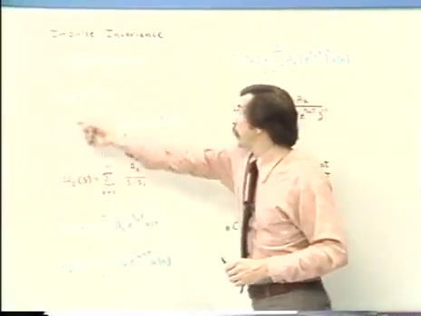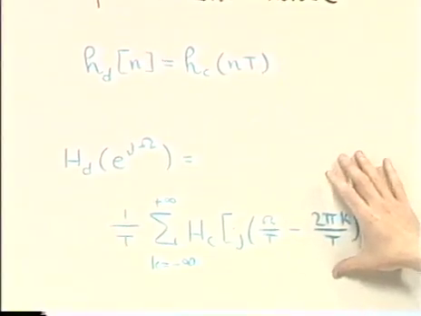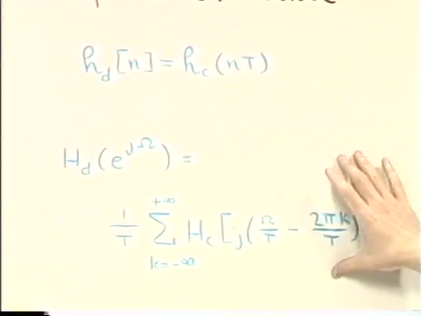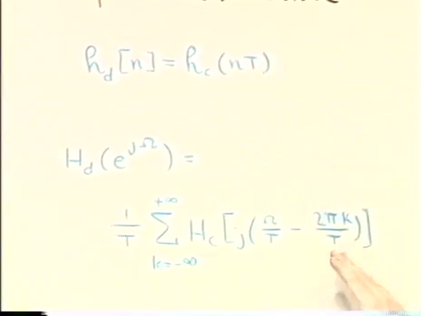Well, this equation will help us understand what the frequency response looks like, but in terms of an analytical procedure for mapping the continuous time system function to a discrete time system function, we can develop it in the following way.